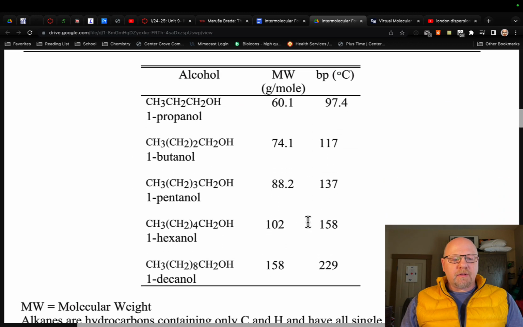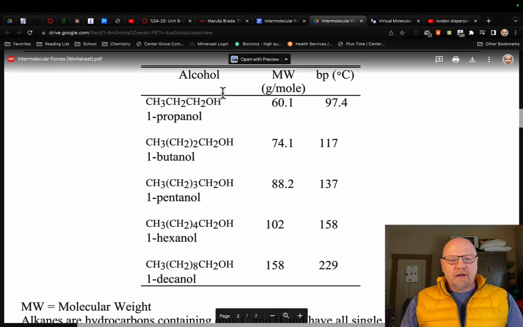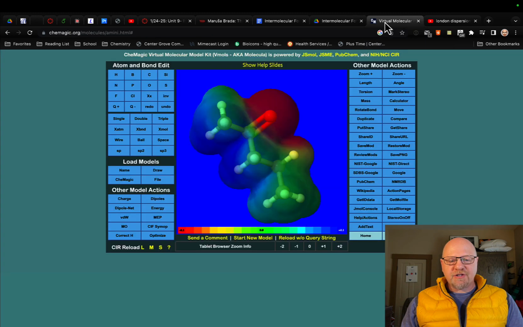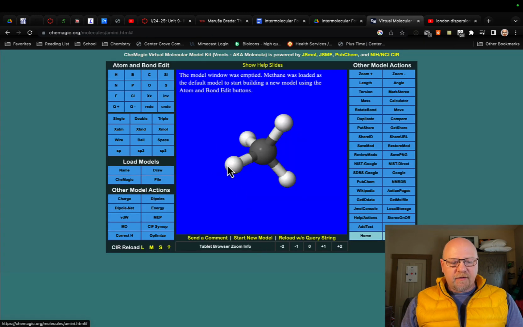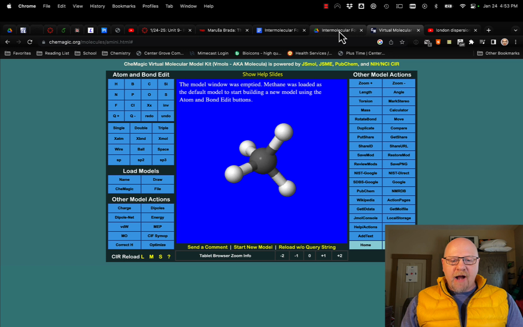The last group is these alcohols, and they are really simple to make because all you have to do is replace a hydrogen with the oxygen, and it will automatically place the hydrogen on it for you.